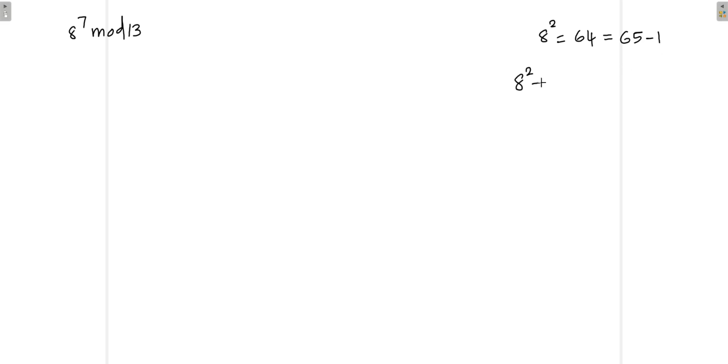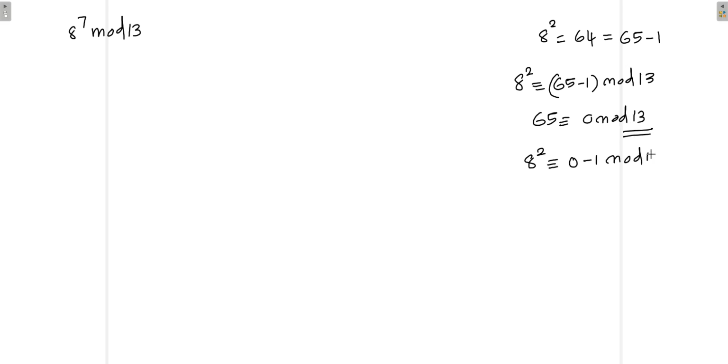So 8 square is congruent to 65 minus 1 mod 13. Now 65 is a multiple of 13, so 65 is congruent to 0 mod 13. So 8 square is congruent to 0 minus 1 mod 13. That is minus 1 mod 13.